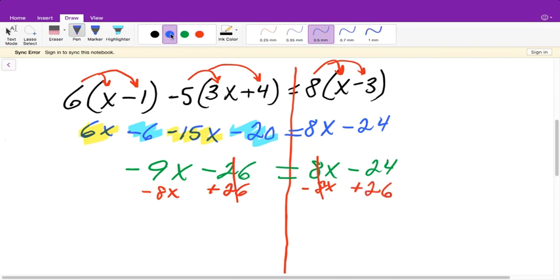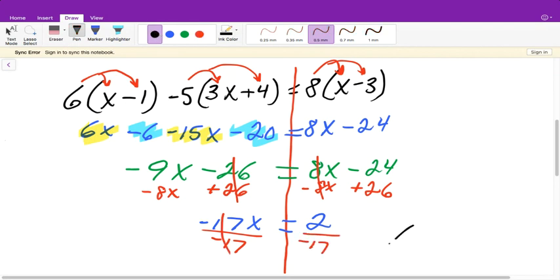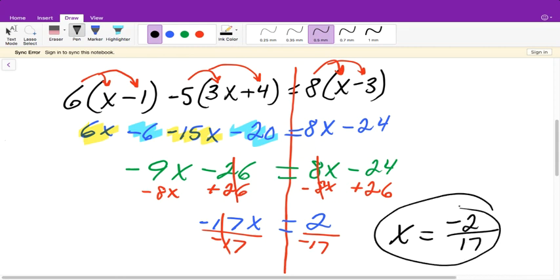And now I can go ahead and combine them. Negative 9x minus 8x is negative 17x. Negative 24 plus 26 is positive 2. And then the last thing, we need to take our inverse operations to finish isolating my x. So I need to divide by negative 17 because I want a positive x. So that means that x is equal to negative 2 over 17. This cannot be simplified anymore, and that is your final answer.